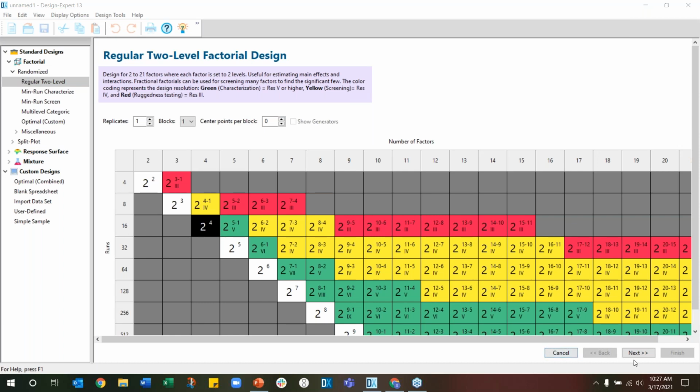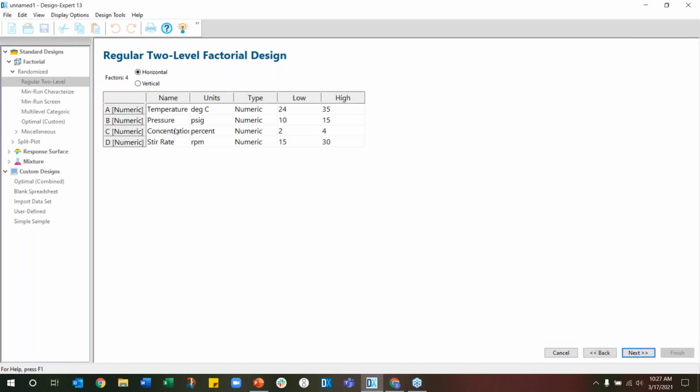It's a full factorial. And we click next, and you have to enter all of your factor names. And you have to choose ranges for each of your factors, a low and a high range that are far enough apart that you would expect to see a difference in the response. You have to be able to change the response if you're going to detect a change in the response.